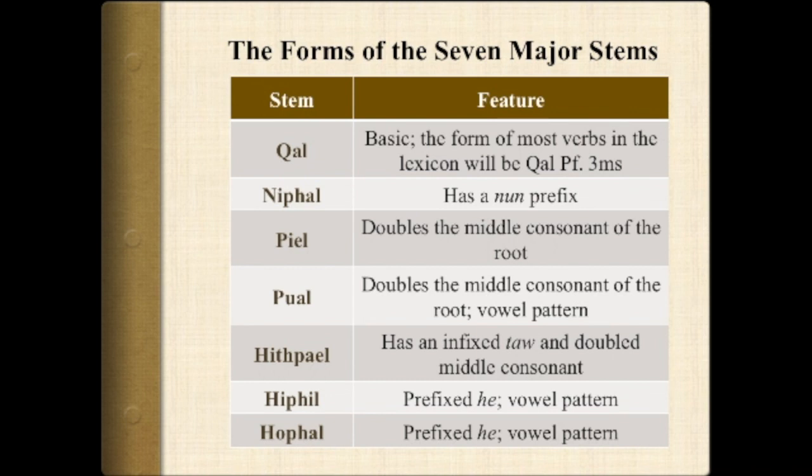The hithpael has what's called an infixed tav, a tav that appears right in front of the root, and it has a doubled middle consonant. The hifil has a prefixed he and a particular vowel pattern. The hofal sort of goes with the hifil. It also has a prefixed he and a particular vowel pattern.